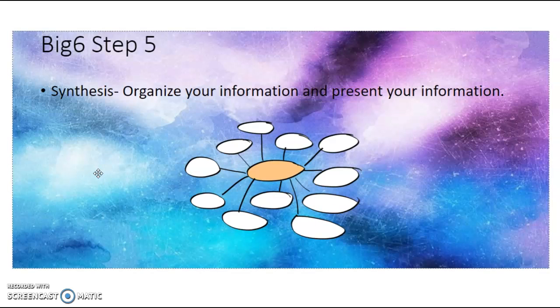So we're going to organize the information how we want to present it, and then we're going to present it. So we also have to decide, how are we going to present our information? So are we going to make a poster and share it? Are we going to do something on some type of presentation software such as PowerPoint? So we have to decide how we're going to present.